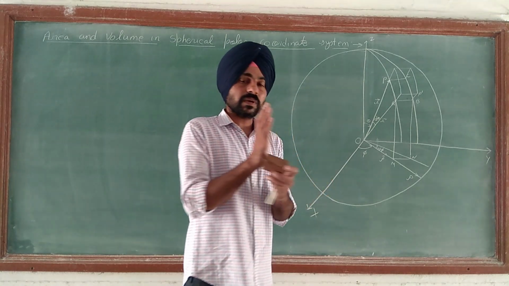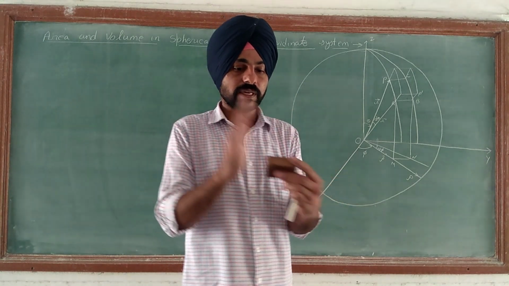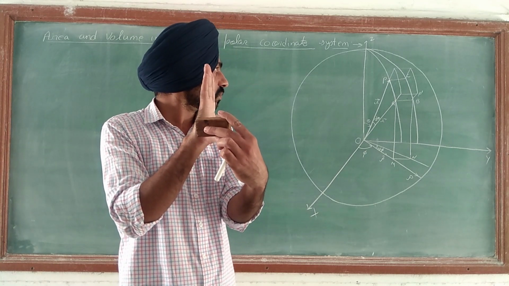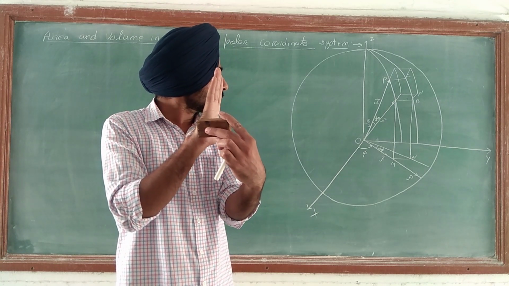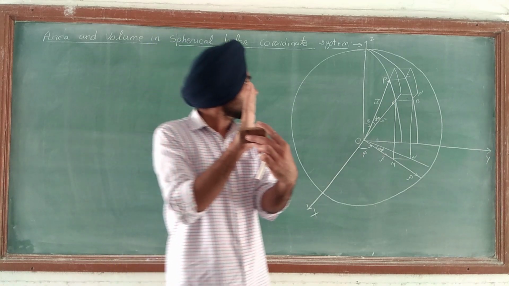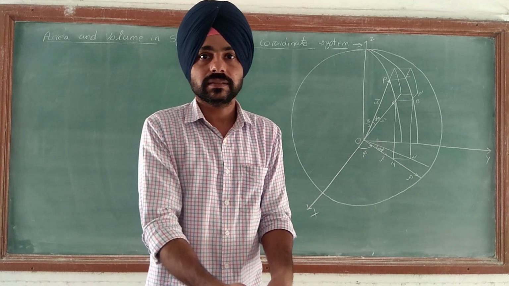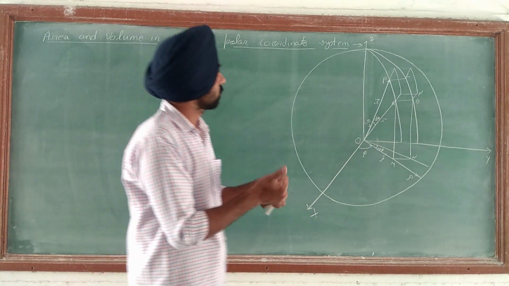So in the outward direction means this is the back face, and I have to move like this. That means I have to move from PC to PA, so that the area vector is like this, normal to the plane.